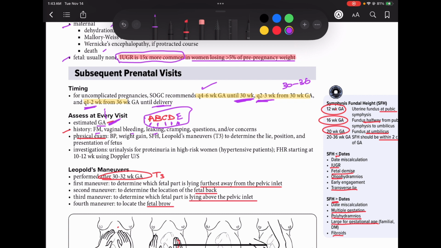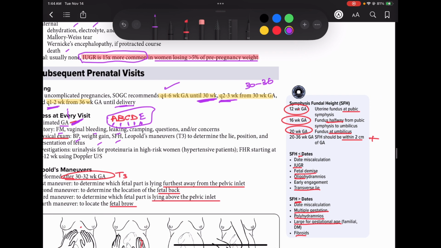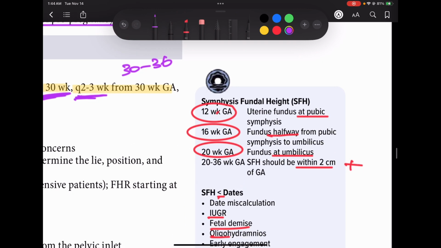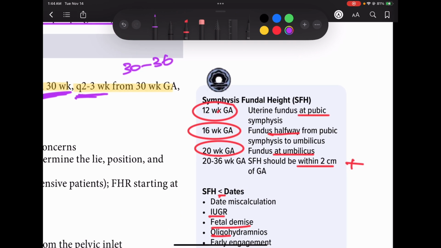And in the physical exam, you have to see the blood pressure, weight gain, symphysis fundal height. So let's talk about symphysis fundal height first. That's just to learn 12-week gestation, 16-week gestation, 20 weeks gestation. At 12 weeks it is at the pubic symphysis, and at 16 weeks the fundus of uterus is halfway between the umbilicus and symphysis.